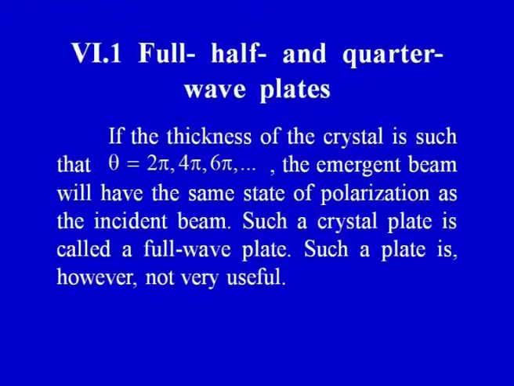If the thickness of the crystal is such that theta equal to 2 pi, 4 pi, 6 pi, I mean 1 complete vibration, 2 complete vibrations, 3 complete vibrations, the emergent beam will have the same state of polarization as the incident beam. Such a crystal plate is called a full wave plate. Such a plate, however, is not very useful.